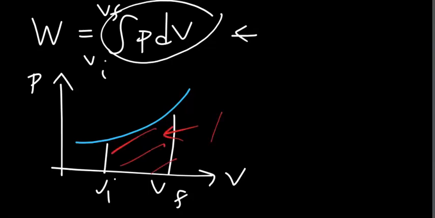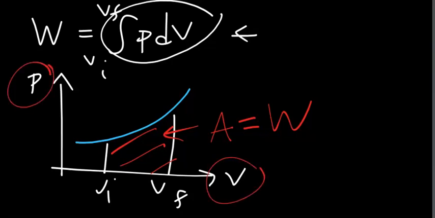So that area represents the work. So if you are given a pressure volume graph, you can determine the work by simply computing the area under that graph between two appropriate limits.